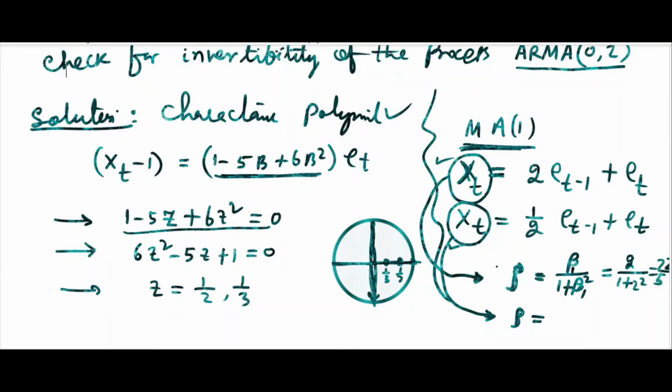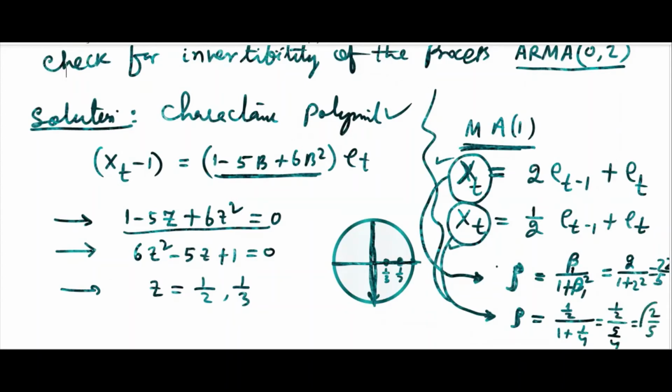For the second one, it will be half divided by 1 plus half squared, that is 1 upon 4, so this will be 5 upon 4, and here 1 upon 2. Then if you take that, you will get 2 upon 5.